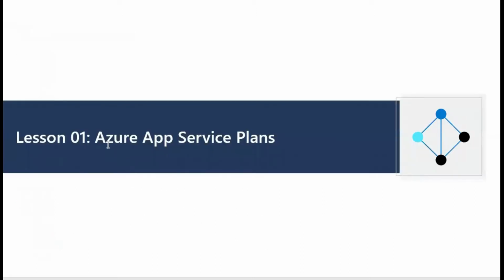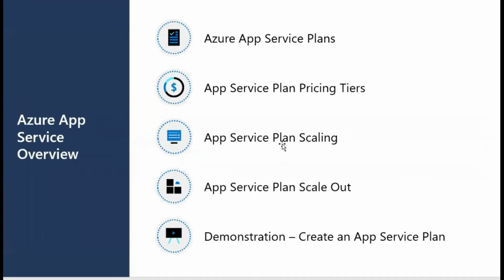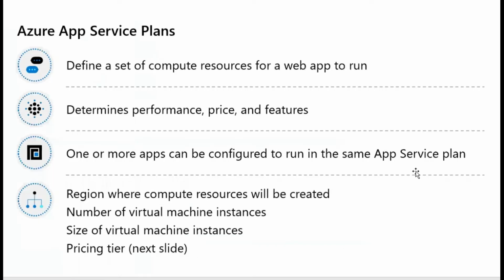First we're going to discuss Azure App Service plans. As part of this, we're going to discuss App Service plan pricing tiers, App Service plan scaling, and App Service plan scale out. At first, we're going to create plans.